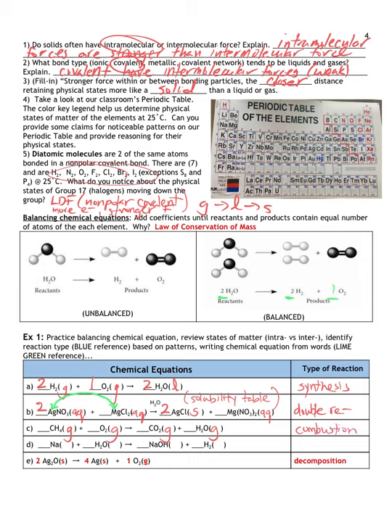Combustion reactions oftentimes release heat and light. So these are the symbols for heat and light. Even though it's not in this reaction, I know that this combustion reaction will release both heat and light.